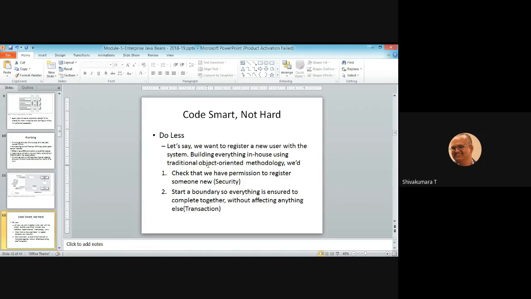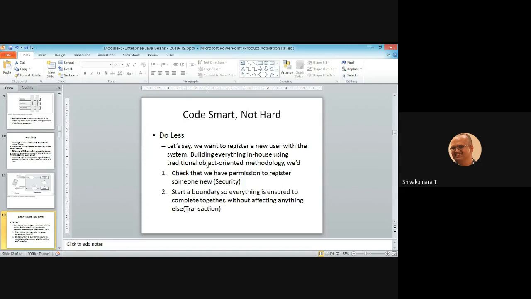Which one is better? Both functionality and logic are the same, but one is 100 lines and the other is 3 to 4 lines. Which one are you going to choose? 3 to 4 lines. That is code smart. It means it improves the performance of your application.